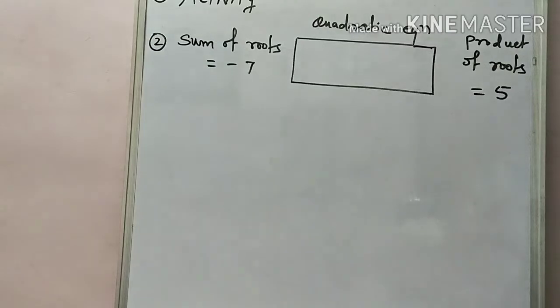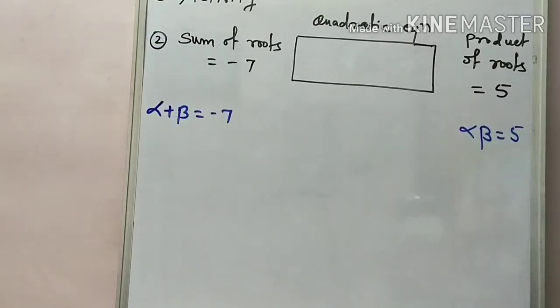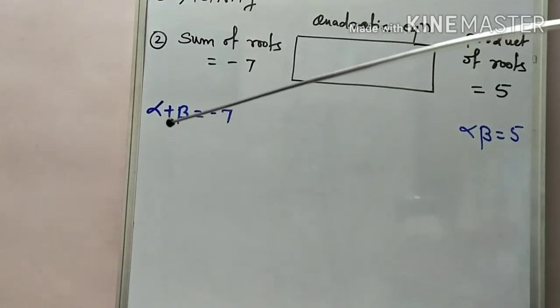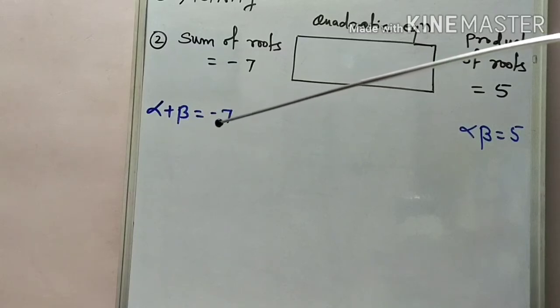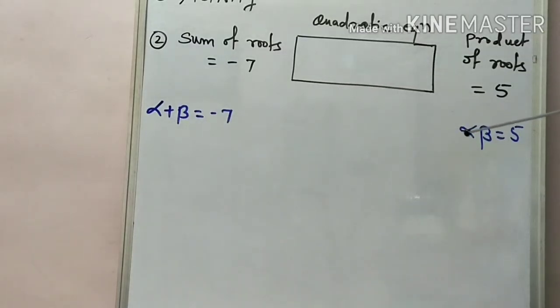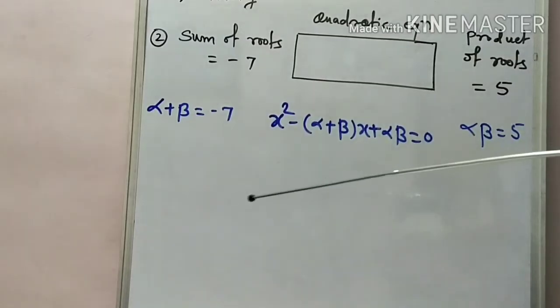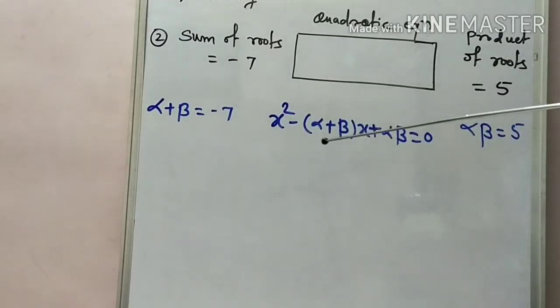So sum of roots means, if alpha and beta are the roots, then alpha plus beta is given as minus 7, and product means alpha into beta is given as 5. And it means you have to write down the quadratic equation using this sum of the roots and product of the roots, and the general form is x square minus of alpha plus beta into x plus alpha beta equal to 0.